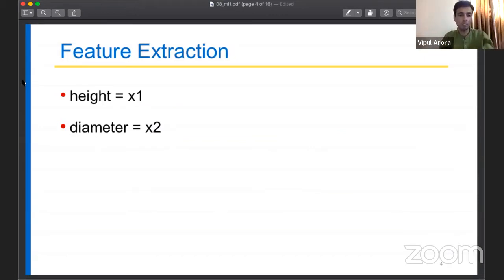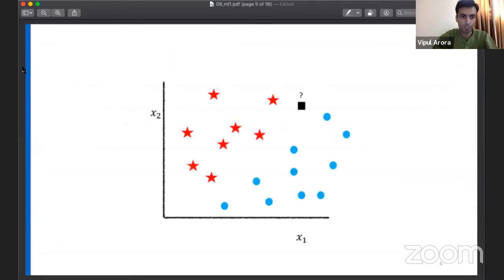I'm not giving the color, I'm not giving the image, nothing, just the height and the diameter. So just a vector of length 2 is my input, and my output is one of these three flowers: rose, jasmine, or lotus.